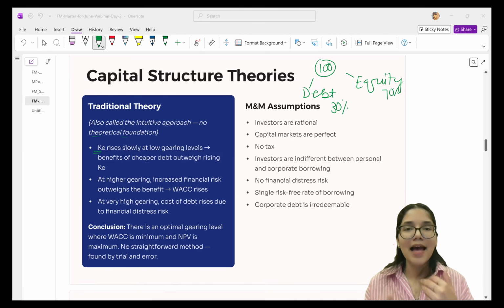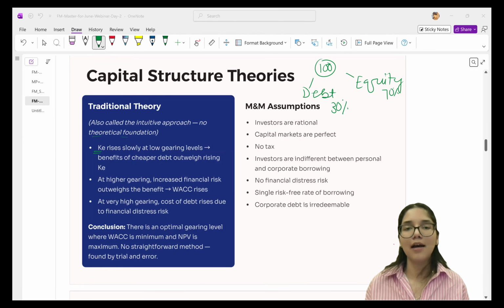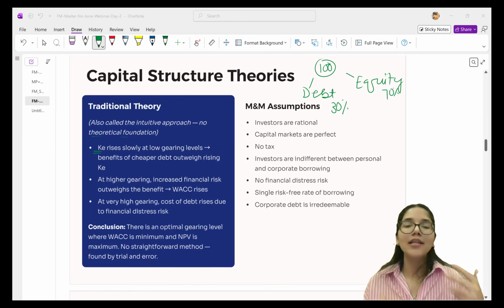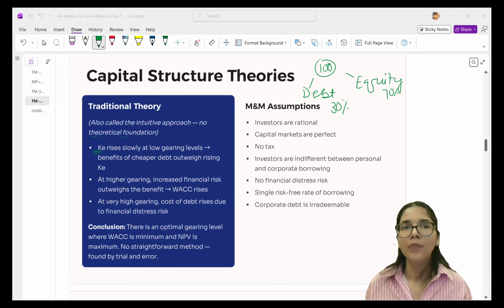Now, as the company keeps on taking more and more debt and reaches higher levels of gearing, my company becomes more financially risky. Why? Imagine that the company is not doing very well for, let's suppose, one year.